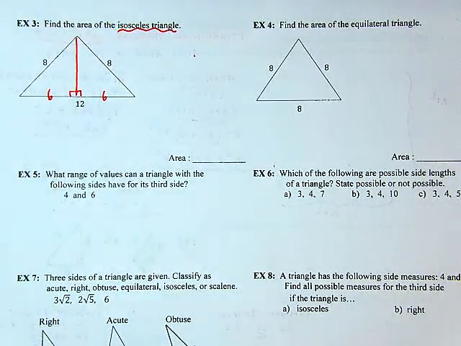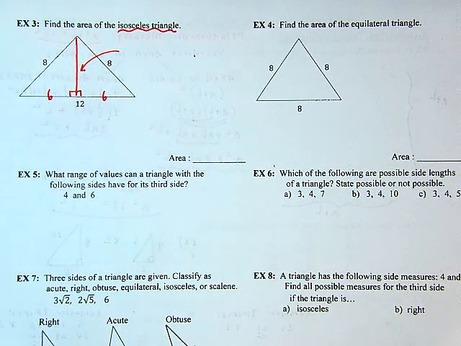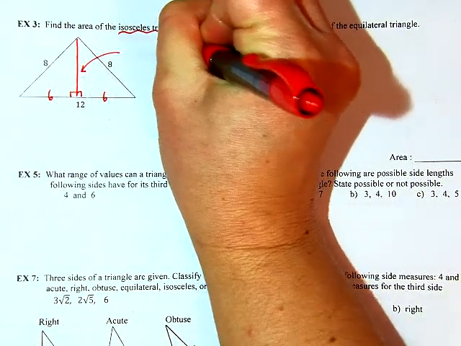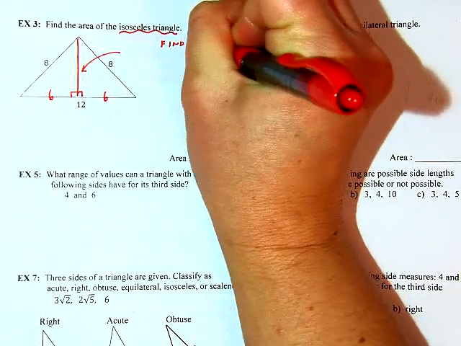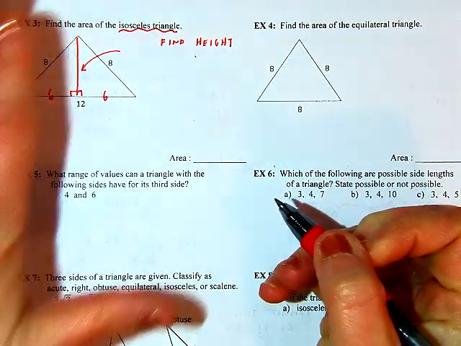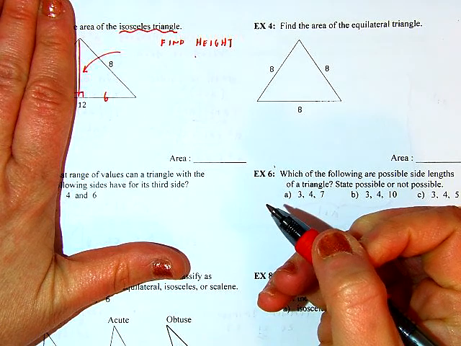So I need to figure out what the height is. What is the measure of that perpendicular segment that connects vertex to base? So I'm looking at one of the 2 congruent right triangles, and I need to solve for a missing height.